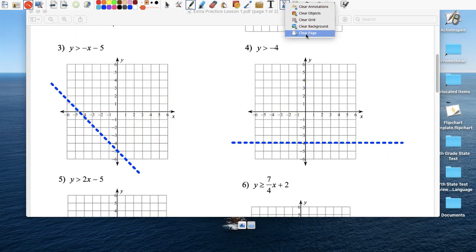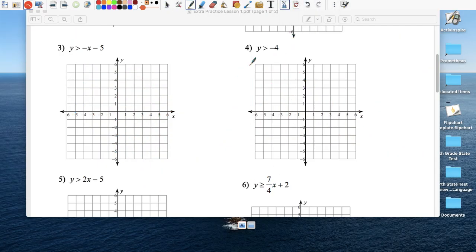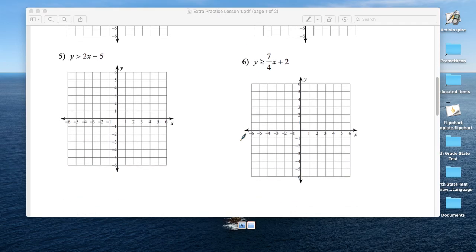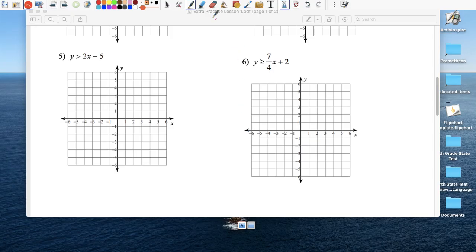Clear the page. 5. So these are relatively simple. Everything is in slope-intercept form, so we can easily recognize the slope and the y-intercept. So again, here's the y-intercept, negative 5. Our slope is 2, and let's put it over 1. So changing y is 2, changing x is 1.